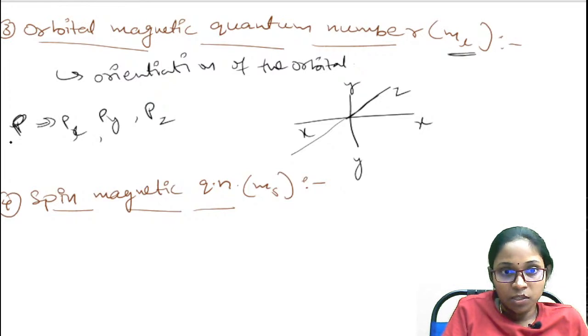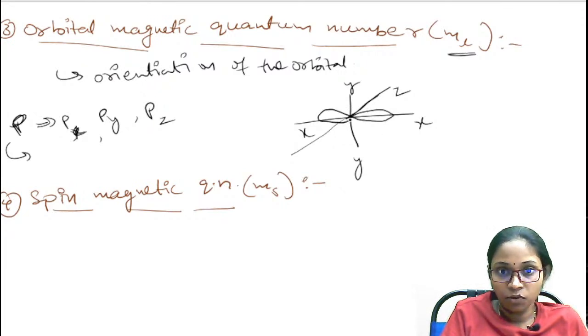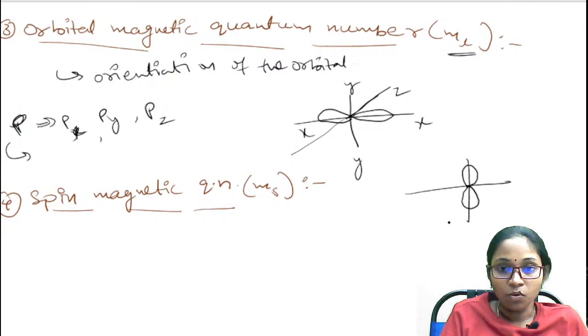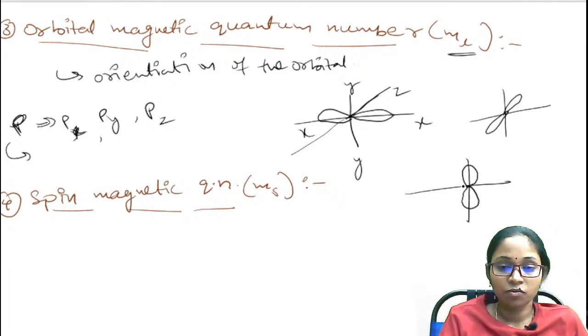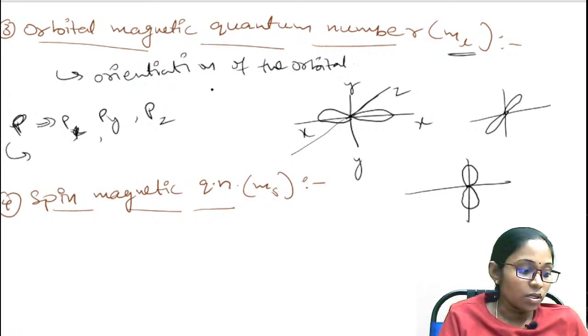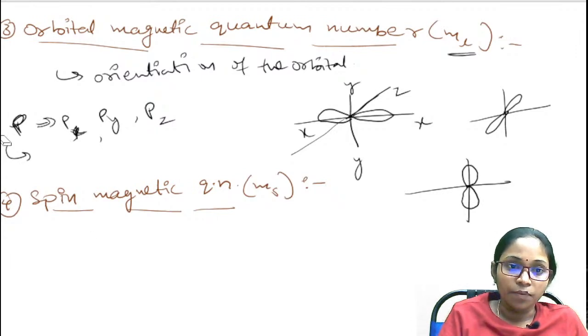If this P subshell is oriented in the px direction, this will be the P subshell you have. If you take the y orientation, this will be the orientation. And if you take z, this will be the orientation of this P subshell. The orbital magnetic quantum number gives us the orientation of this orbital. And what about the values?